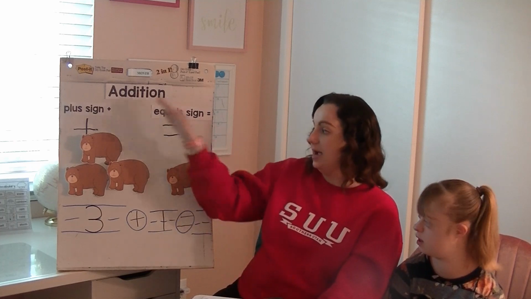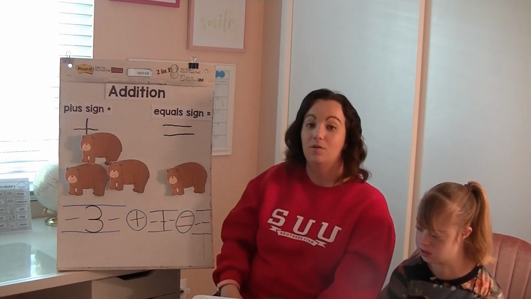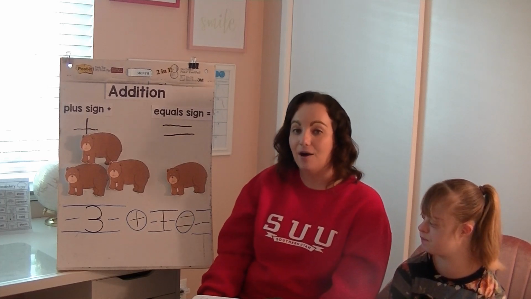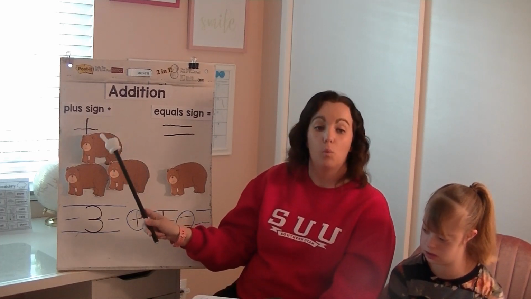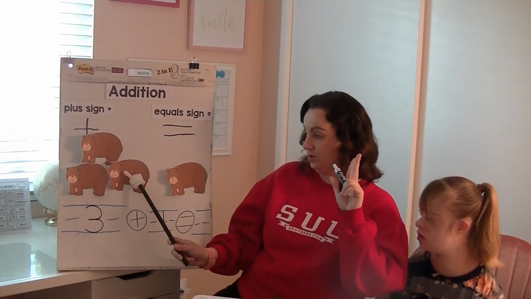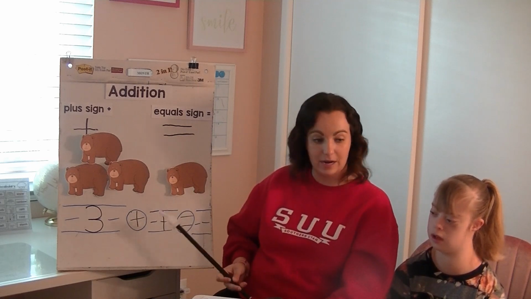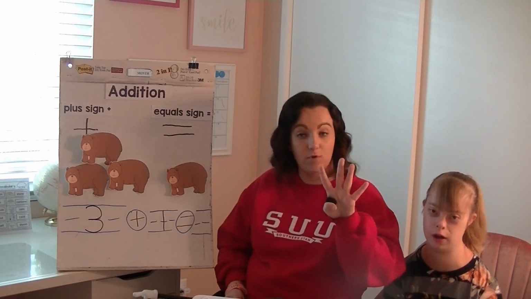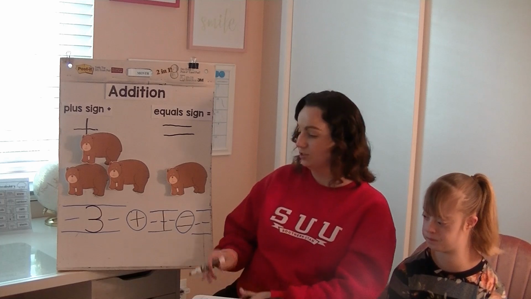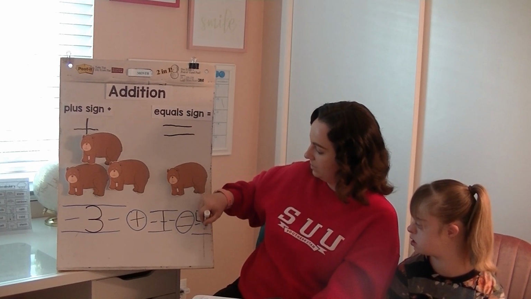Let's go back and count them all up to see how many bears we have in all. Ready, set, count, add with me. 1, 2, 3, 4. 3 plus 1 equals I got 4. Nice job. So you take your writing utensil, write 4 there.